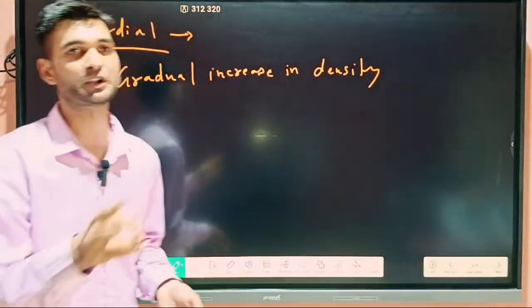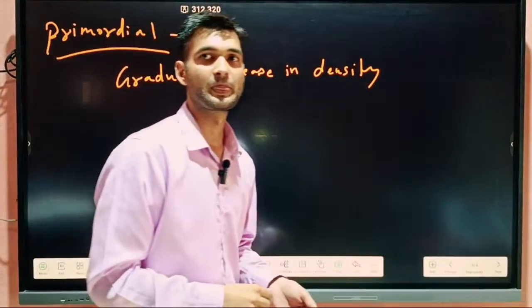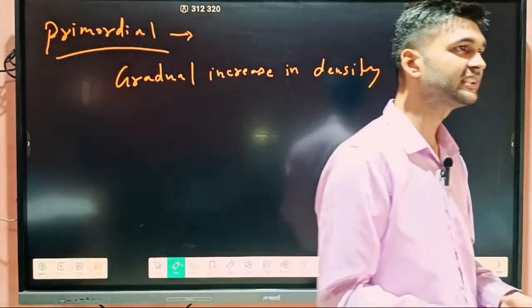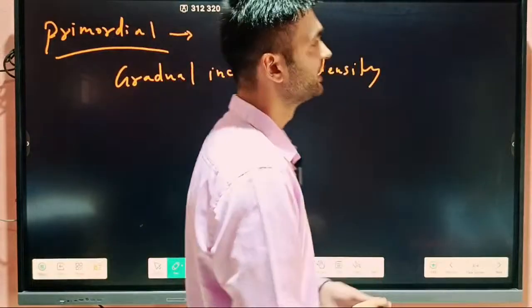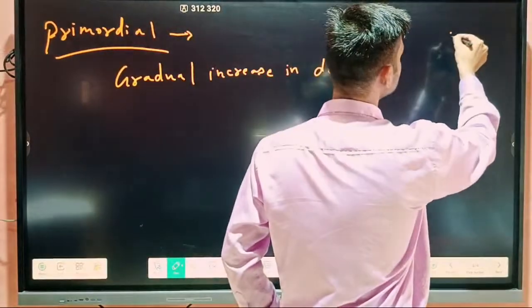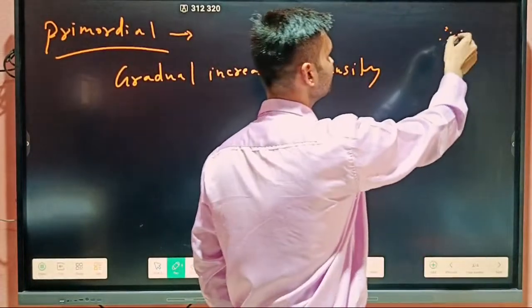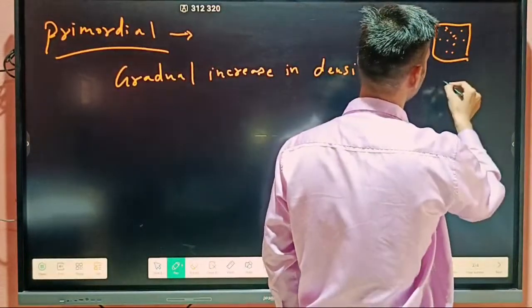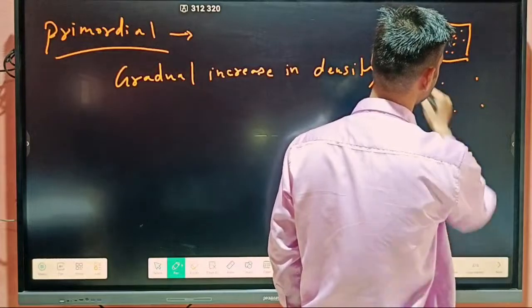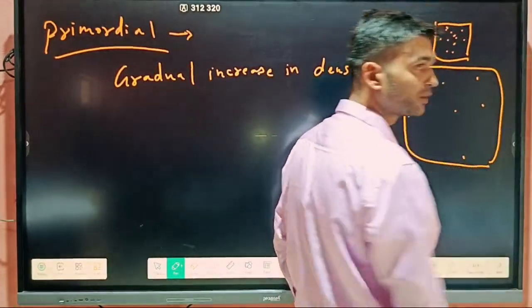Between honey and water, which is more dense? Honey is more dense because it is more viscous. So if the particles are close, it is a high density material. If the particles are far away, there is low density.